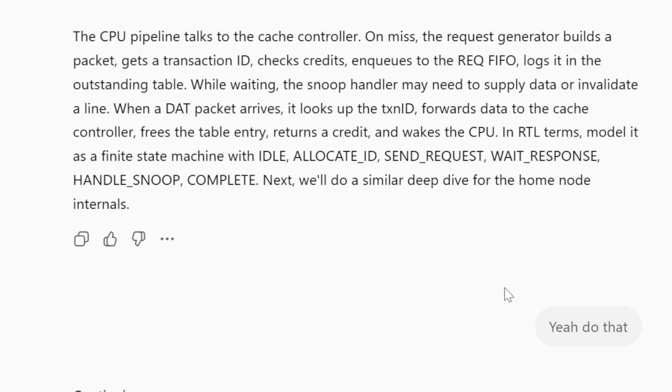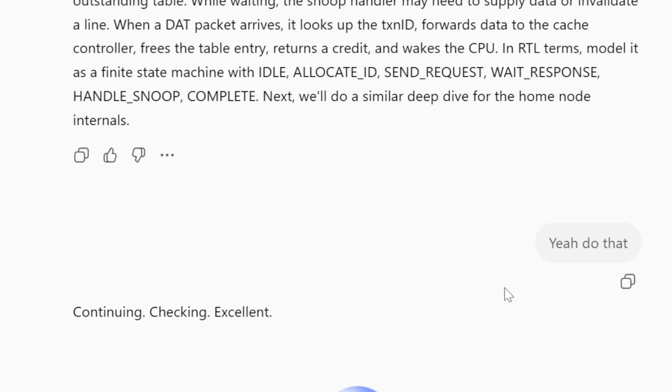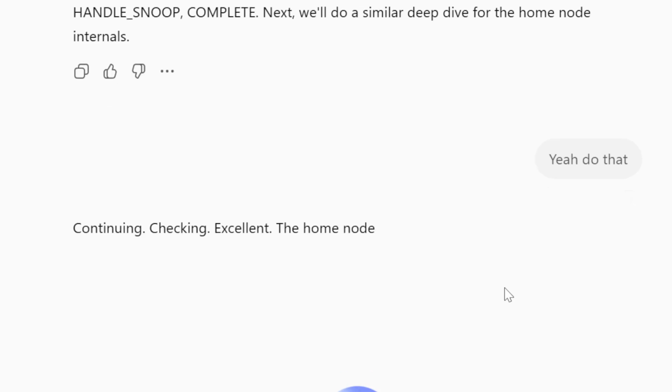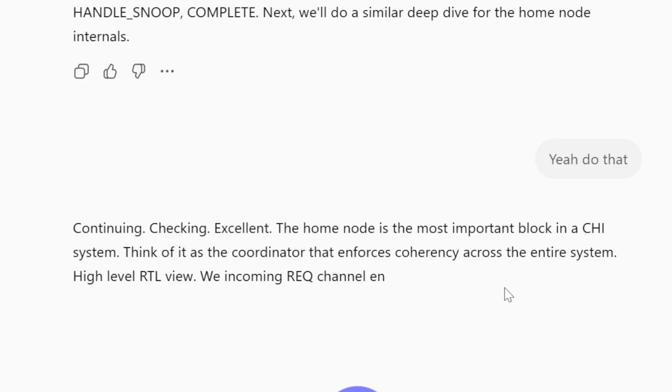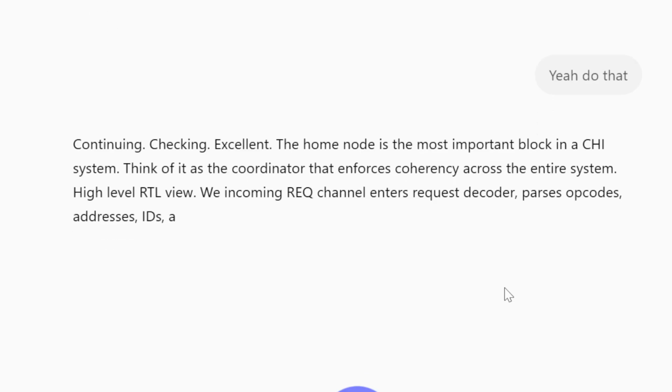Continuing. Excellent. The home node is the most important block in a CHI system. Think of it as the coordinator that enforces coherency across the entire system. High-level RTL view. Incoming REQ channel enters request decoder, parses opcodes, addresses, IDs, and routes by opcode. Then a transaction tracker table, as with RN but more complex.